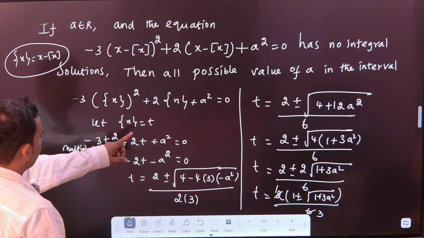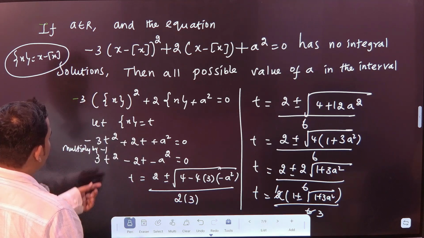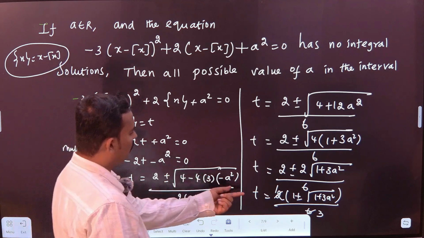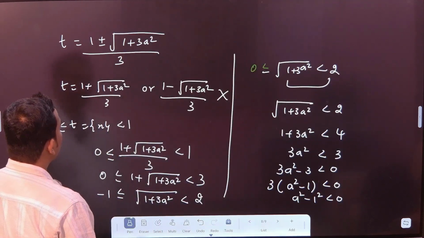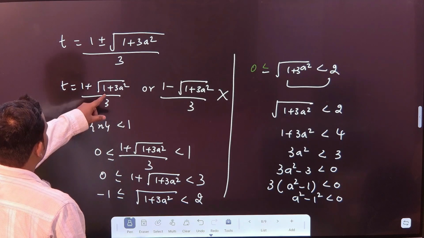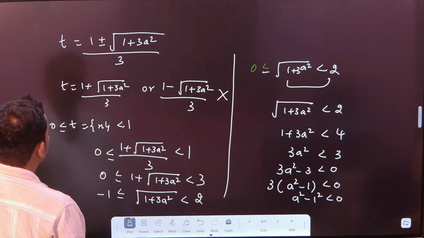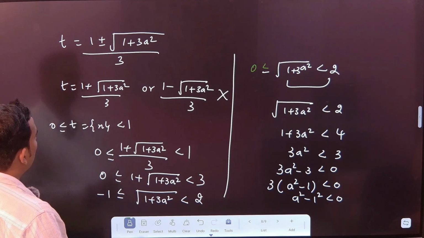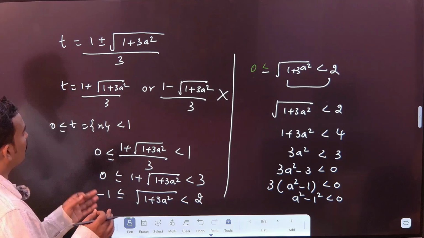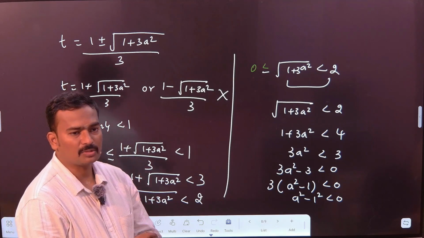If a is 0, from here only you can observe that. What will we get? You will get 1 plus 1, it is 2 by 3, it is 0 point something, there is no issue. But the condition is what? There are no integral solutions.